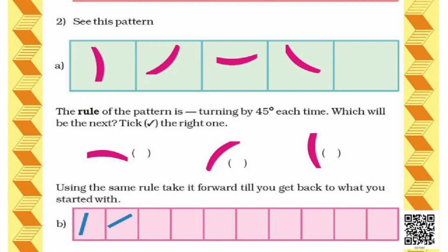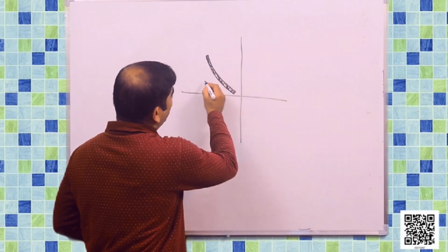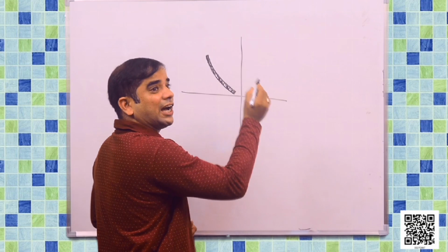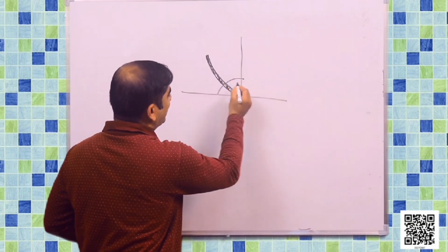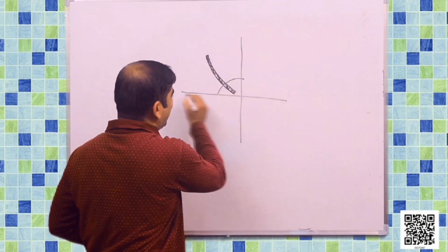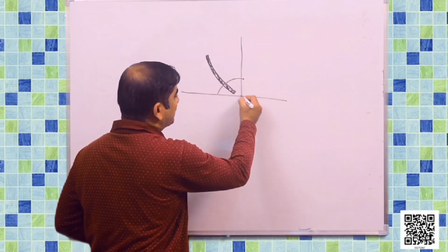So students, at the 4th position, the picture is like this. As we have discussed previously, it is following a 45 degree turn. Now when it continues to turn 45 degree, it is in this position, and this is 90 degree and the half of this is 45 degree.